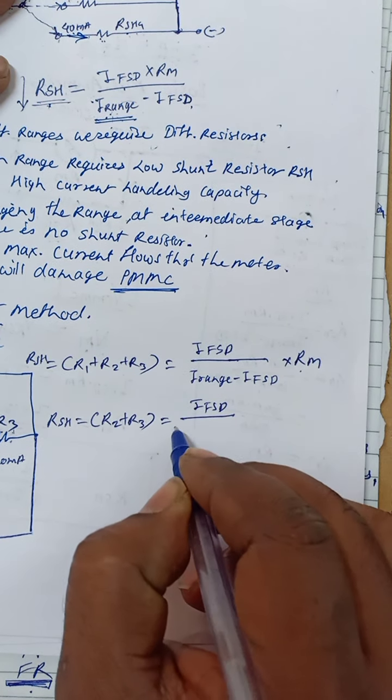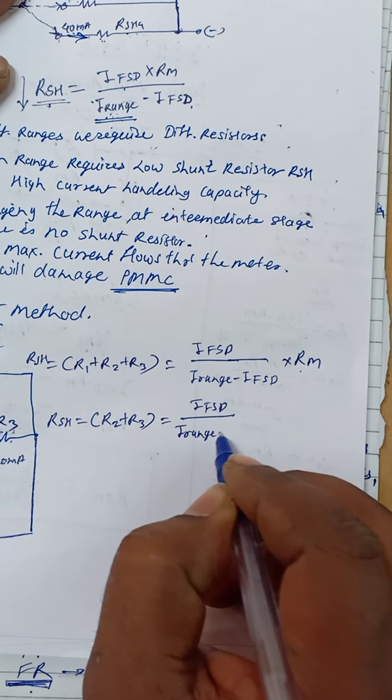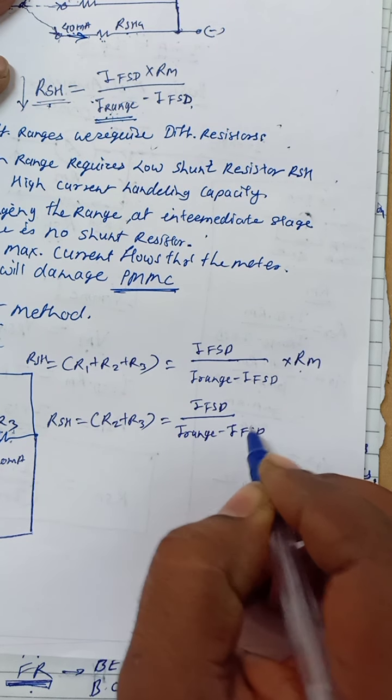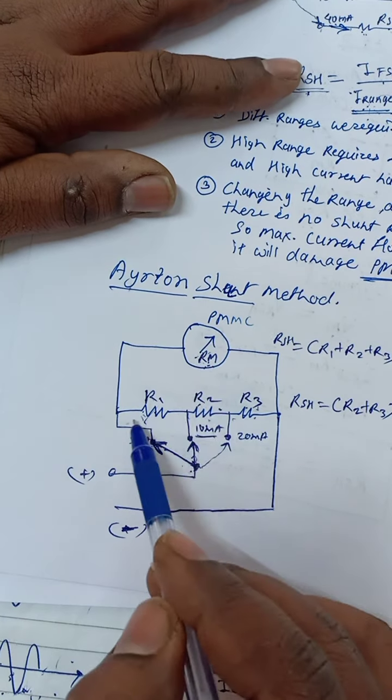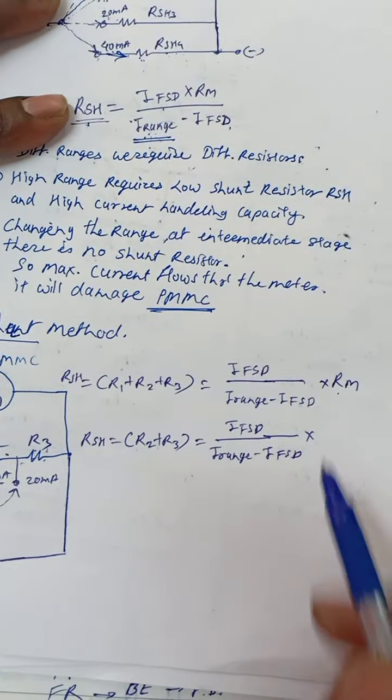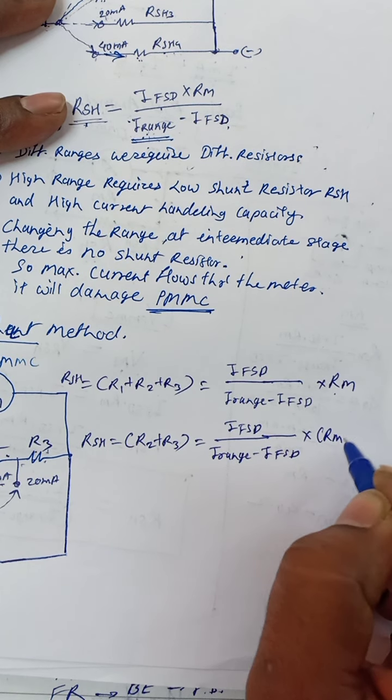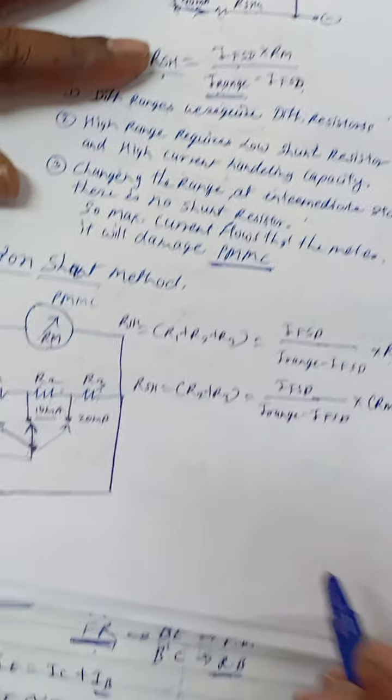That is equal to IFSD, which remains the same, divided by I range minus IFSD, into RM, whose value now increases to RM plus R1. So you have to write RM plus R1 here.